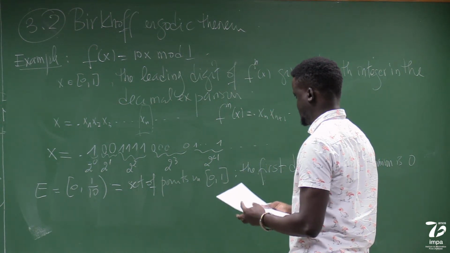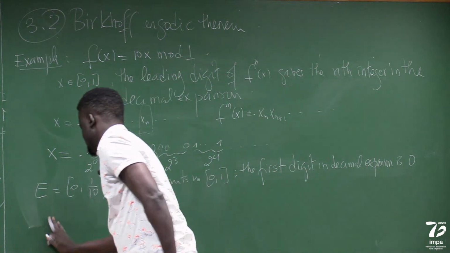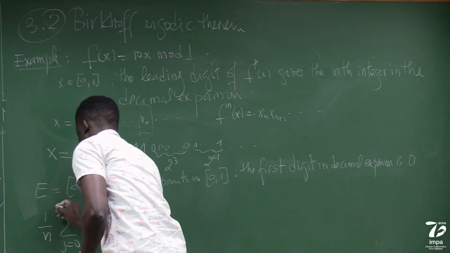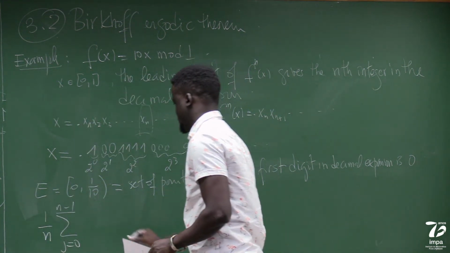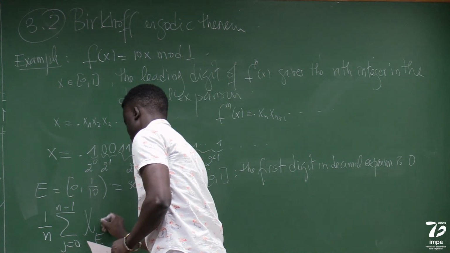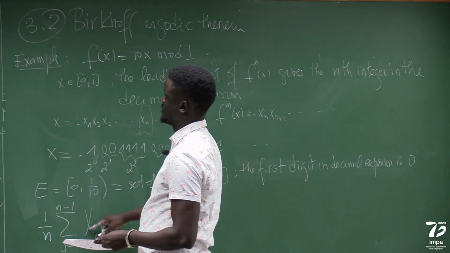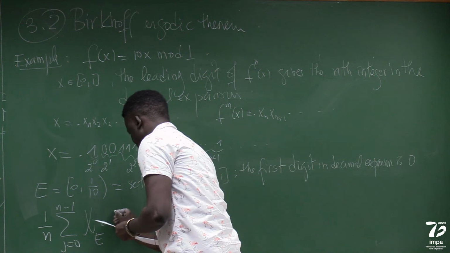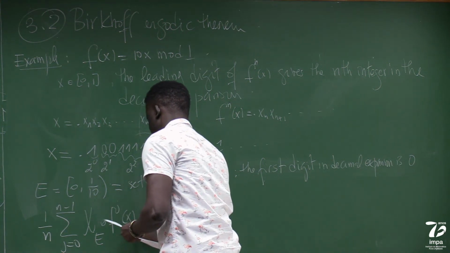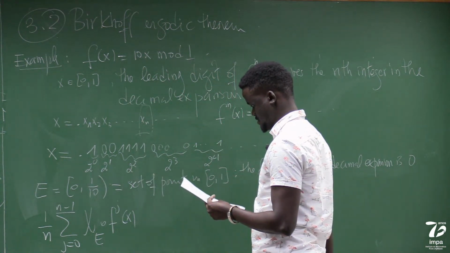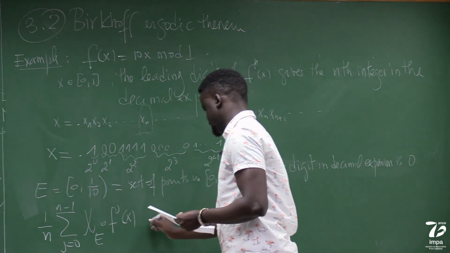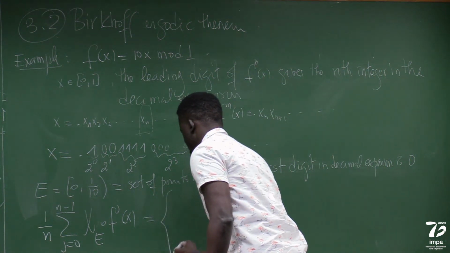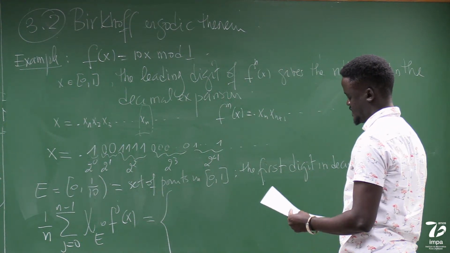So there is something interesting here. If you look at this sum, the sum for j equals 0 to n minus 1 of the indicator function of E composed with f^j(x), so our observable is the indicator function of this set E, and f is 10x mod 1. Here you will observe that you have two different sequences of numbers.